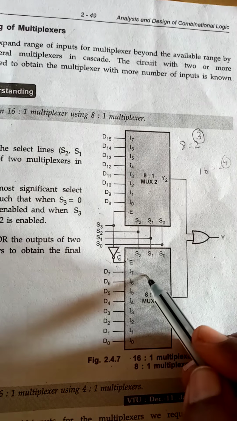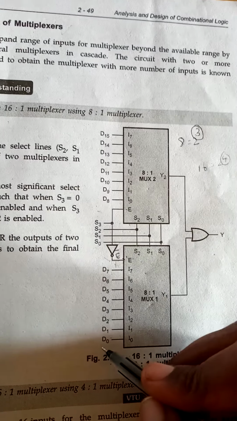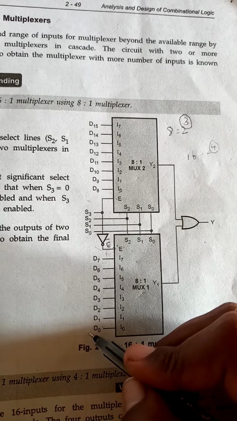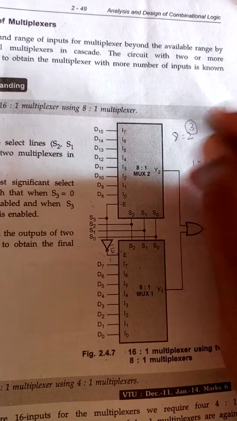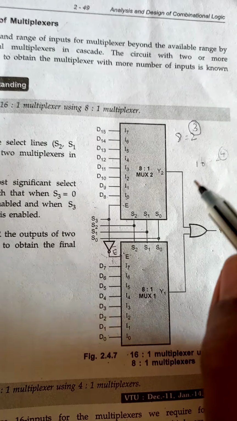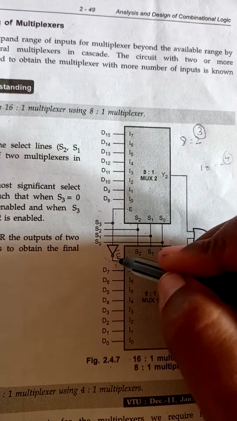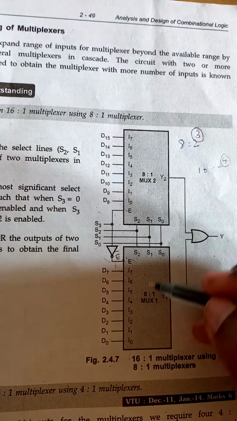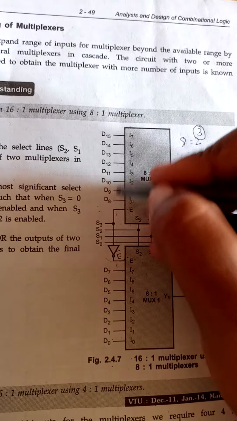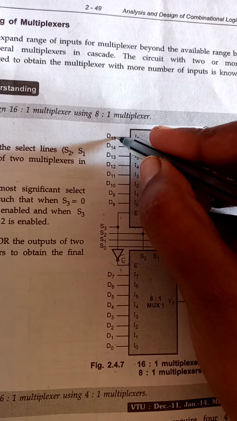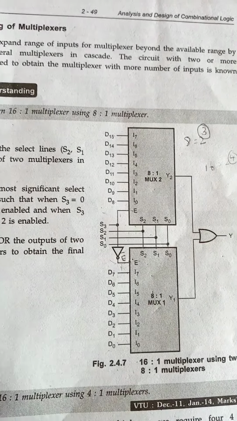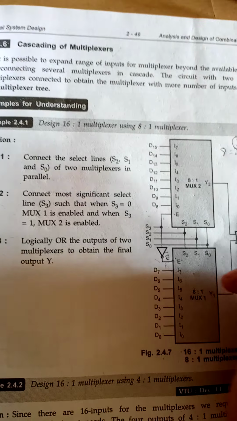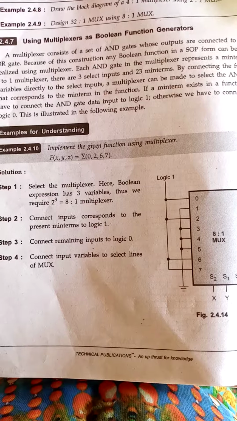When one mux is enabled, inputs from 0 to 7 are enabled and inputs from 8 to 15 are disabled. Now, with 1 here and 0 there, the other mux is enabled, so inputs 8 to 15 are enabled, whereas the first inputs are disabled. This is the working of cascading of multiplexers.